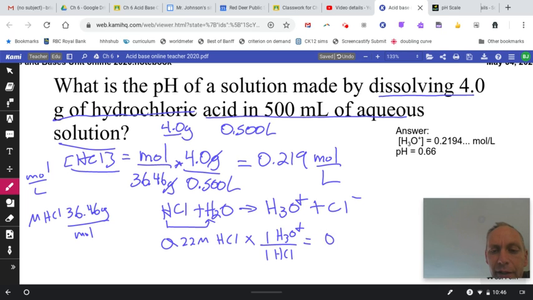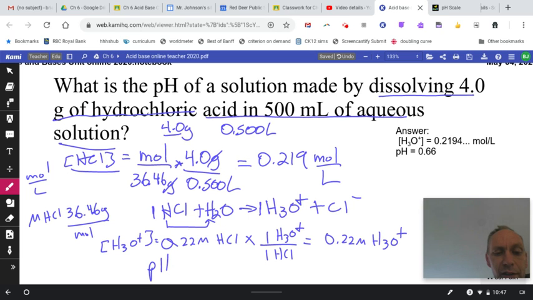I'll get 0.22 molar hydronium. That makes sense when you look at it. 1 HCl turns into 1 hydronium. So the concentration of hydronium is 0.22 molar.